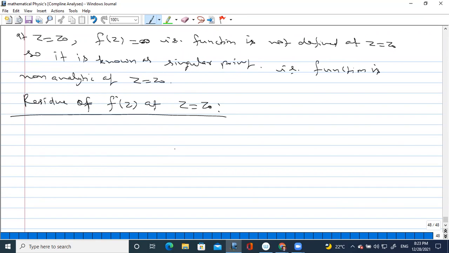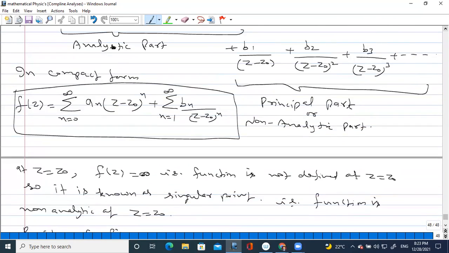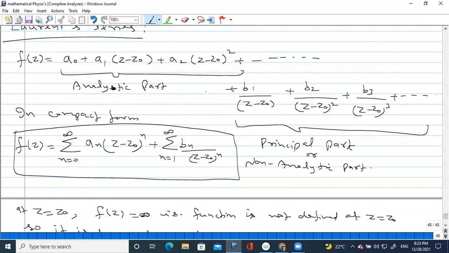What the residue will be, I will tell you at the final time, but actually in the Laurent series, this portion is very, very important because this will give you the residue.